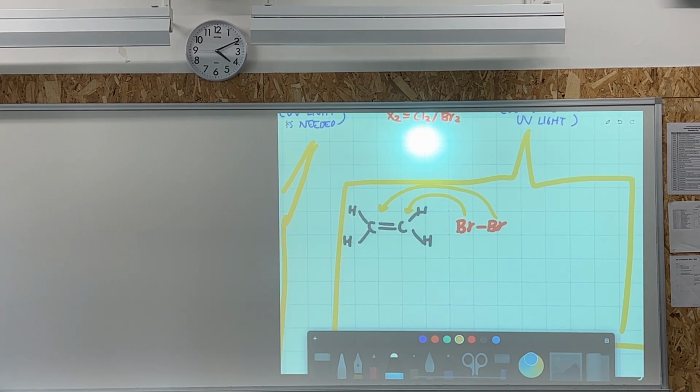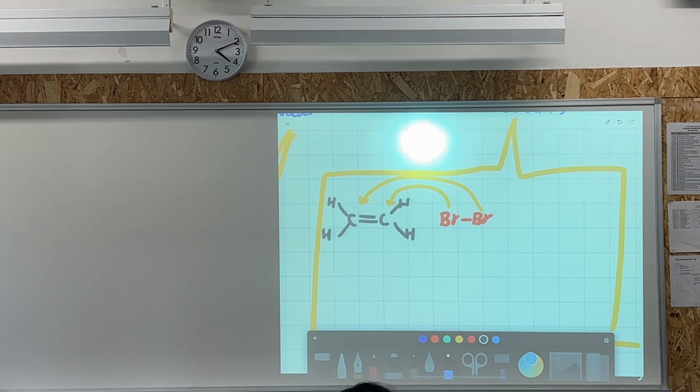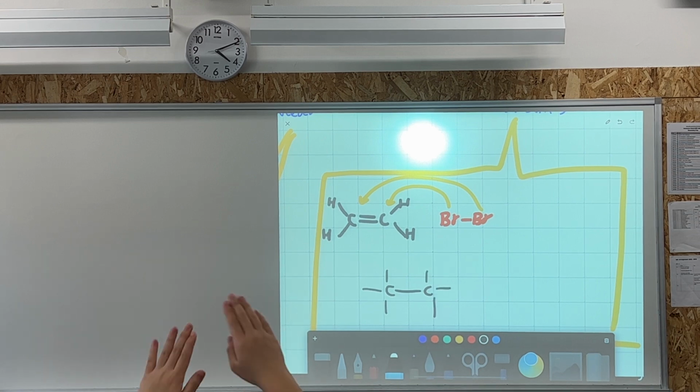So sketch on your notebook. Draw out the product. Name it. Dibromo. No, it becomes a single bond.